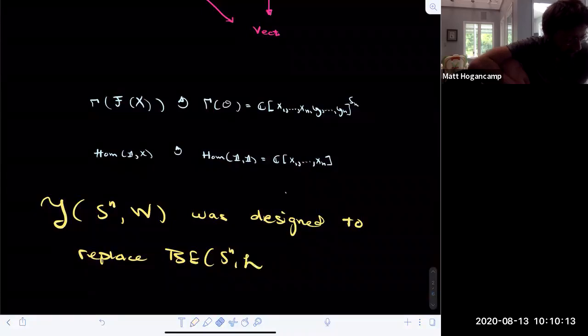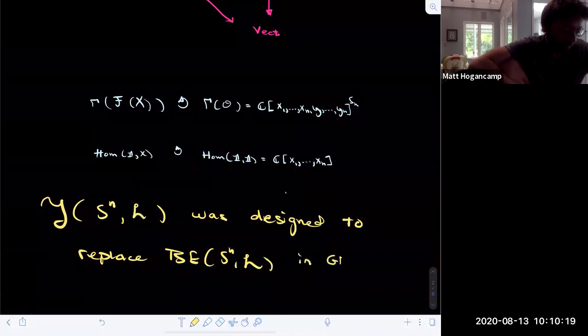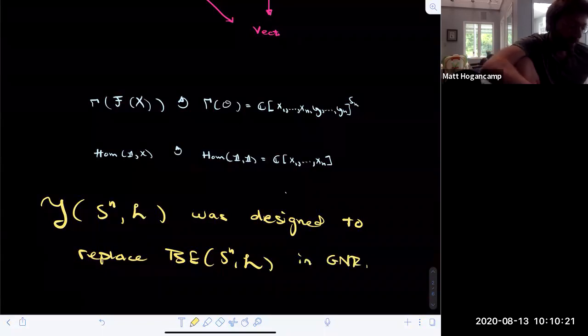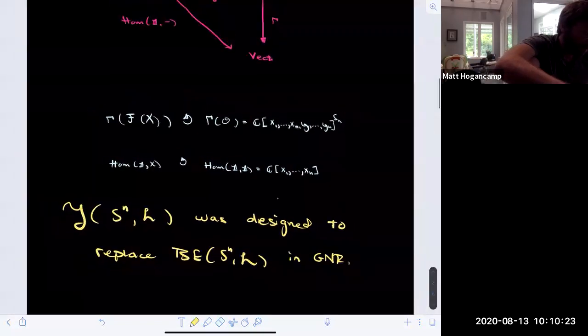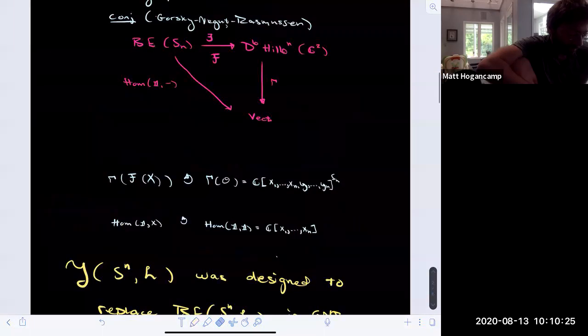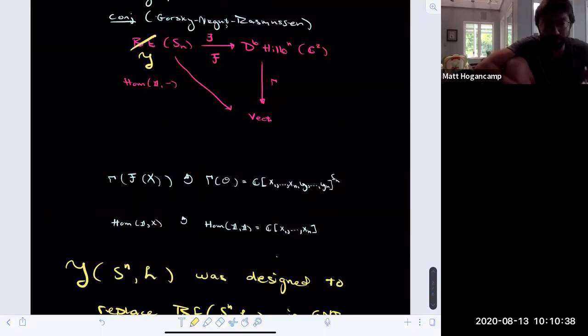So you get a more sensible looking statement. So this BE should really be replaced by Y. There are two ways of fixing this funny mismatch of the left and right hand side.